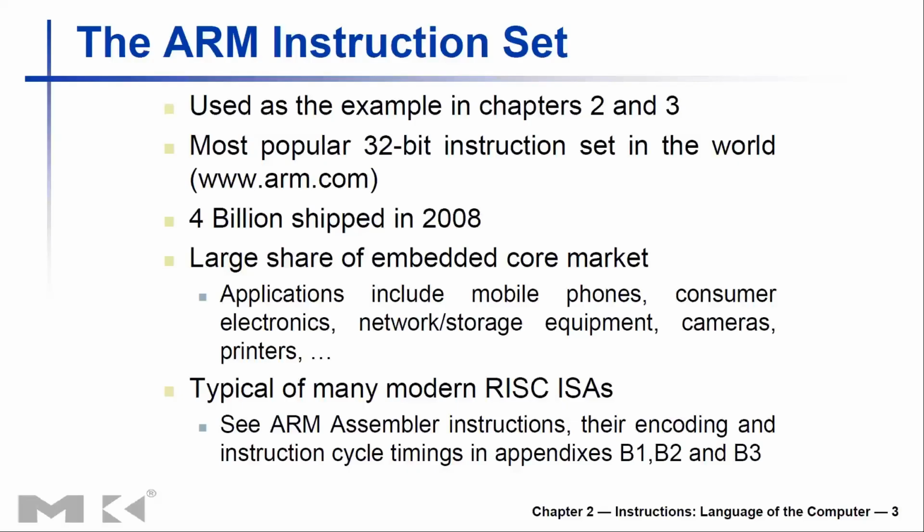So more about embedded systems, embedded devices, you will learn in upcoming courses as well. Anyway, embedded devices are devices that are not like your PC or laptop or things like that. So examples for embedded devices are mobile phones, consumer electronics, and network storage equipment.